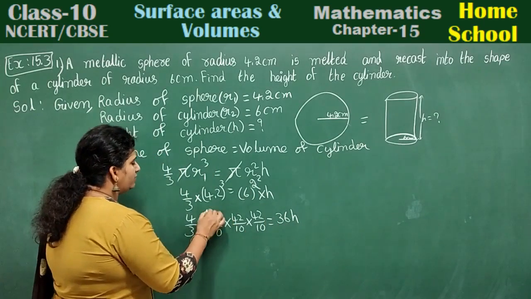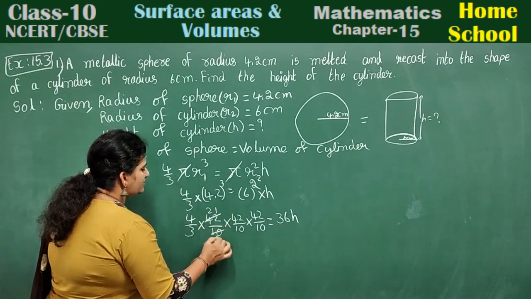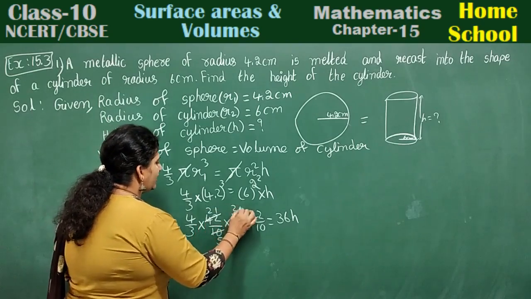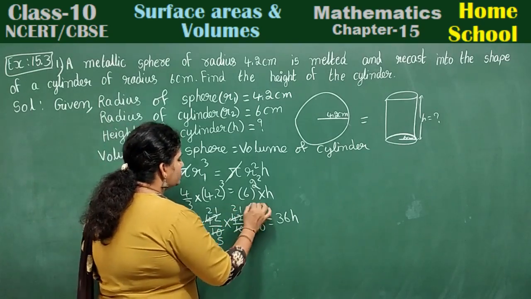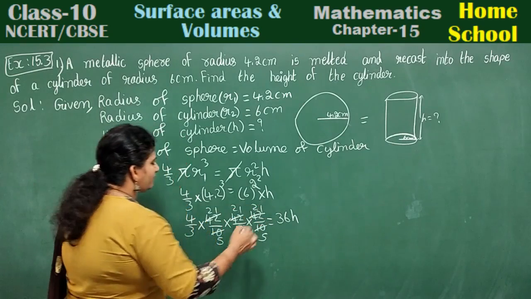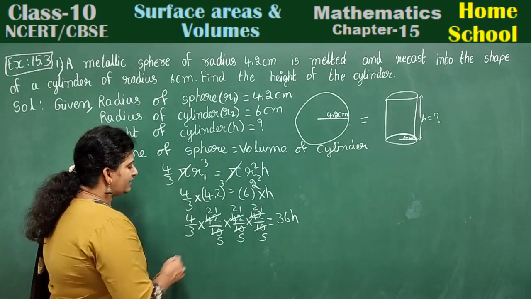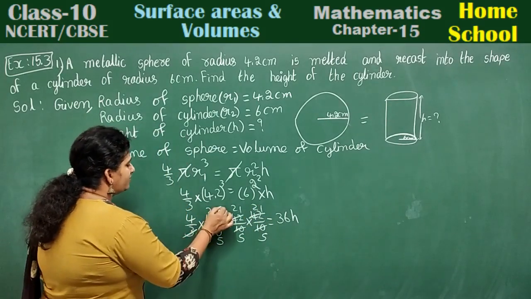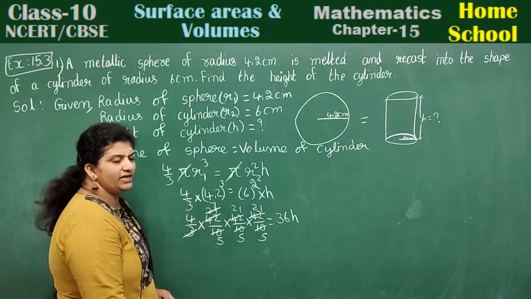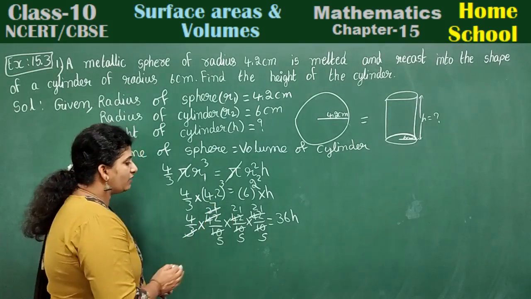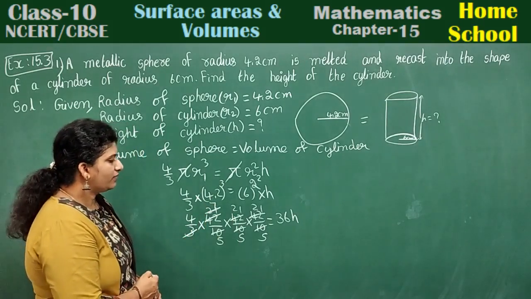Now this one, 2 21s, 2 5s. 21, 5. 21, 5. Is there anything to cancel? Yes, 3 7s are 21. Now look here carefully.